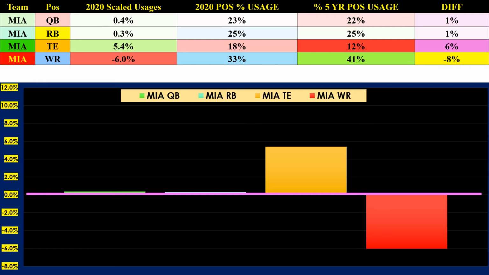I think you'll know early on whether defenses are shutting down the tight end avenue. If so, that may give opportunities to the running backs and wide receivers a little bit. You may have to wait until the beginning of the season to figure out how this is going to flow. But right now, this is what we saw last year.